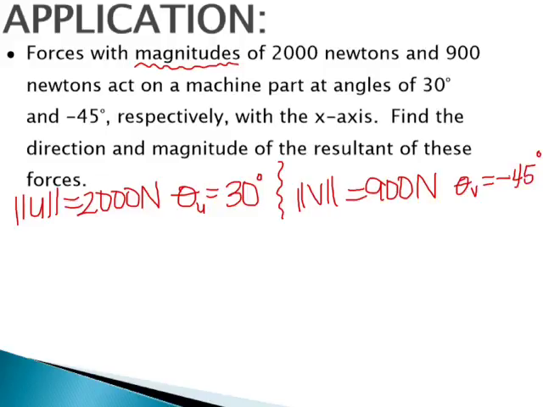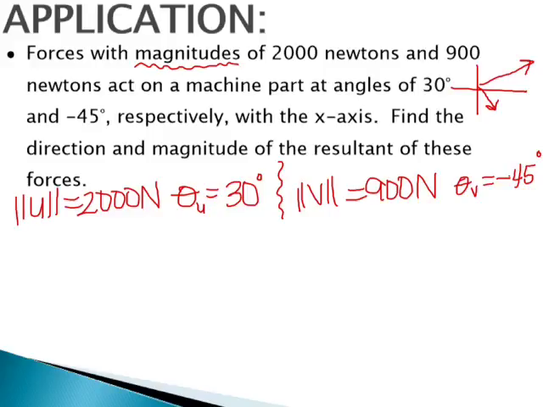So what's happening is we have two vectors, one at 30 degrees and one at negative 45 degrees, excuse my drawing. They're acting together on a machine part.